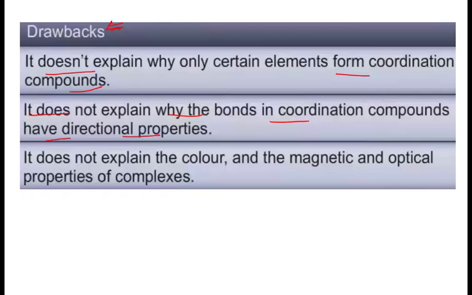Secondary valencies, he could not explain about secondary valencies. Then it does not explain the color and the magnetic and optical properties of complexes. So all these drawbacks were overcome in other theories, but he was the one who initiated the bonding in complexes. Okay, this was all about Werner's coordination theory.